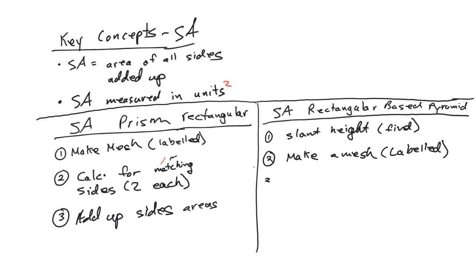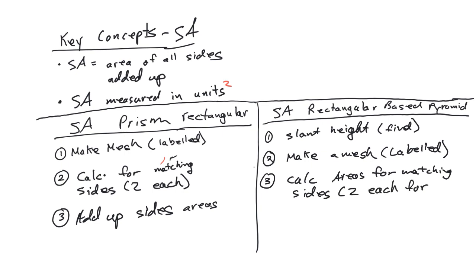Then three, you're going to calculate the areas for matching sides. In this case, there are 2 each for the triangles.